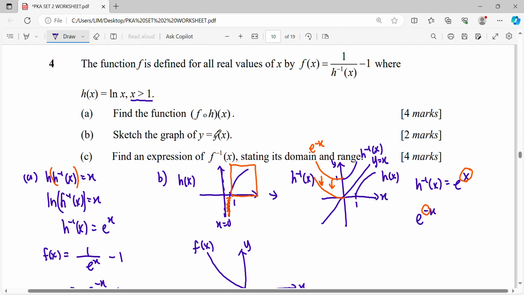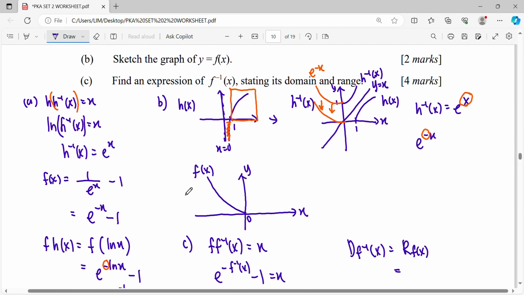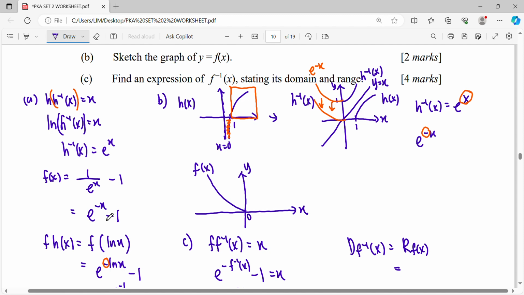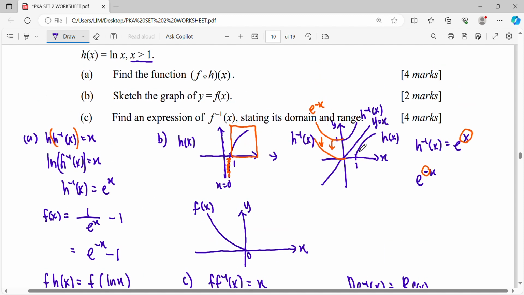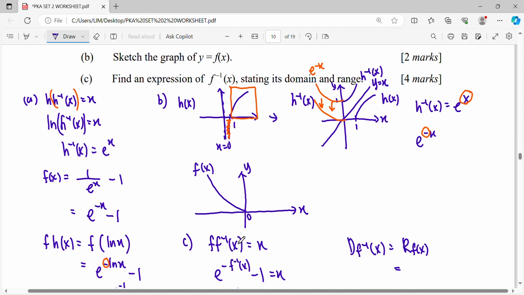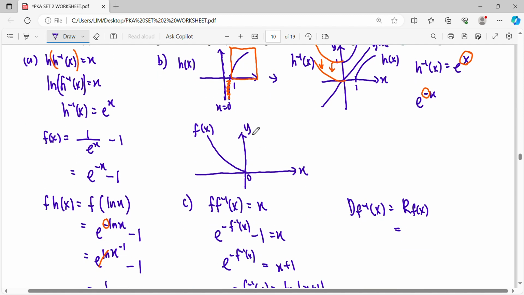Therefore, when finding the domain and range for f(x), we can't just memorize the general case. We have to find it back from its origin, and based on the graph, we read out the domain and range. The range of this function starts from 0 up to infinity, where 0 is the minimum point, so 0 is included.